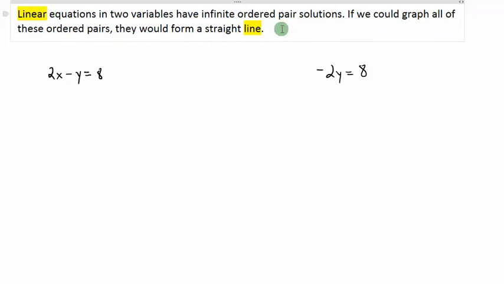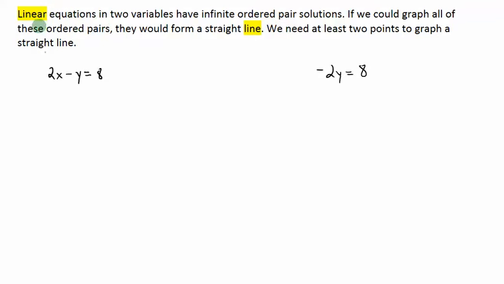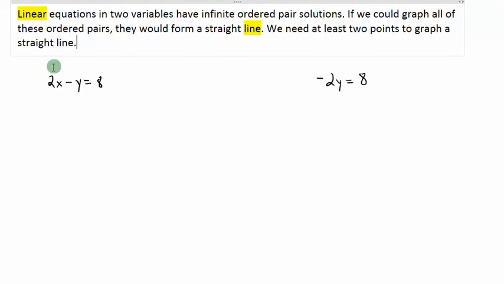Now, if I want to graph a line, you have to have at least two ordered pairs. We need at least 2 points to graph a straight line. If you have 2 points, then you can graph a line. So I'll do 3 points, 3 ordered pairs.